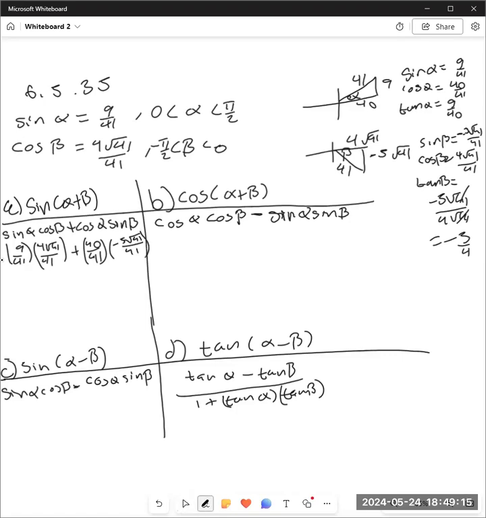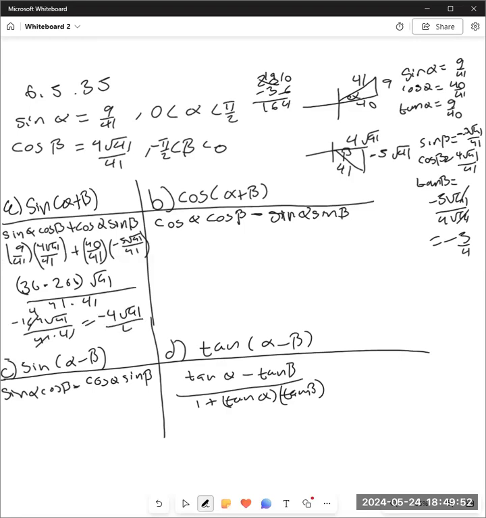So this is 36 minus 200 root 41 over 41 times 41. And 36 minus 200, let's see, 200 minus 36 is 164, negative. That goes into there 4 times. It's a -4 root 41 over 41.